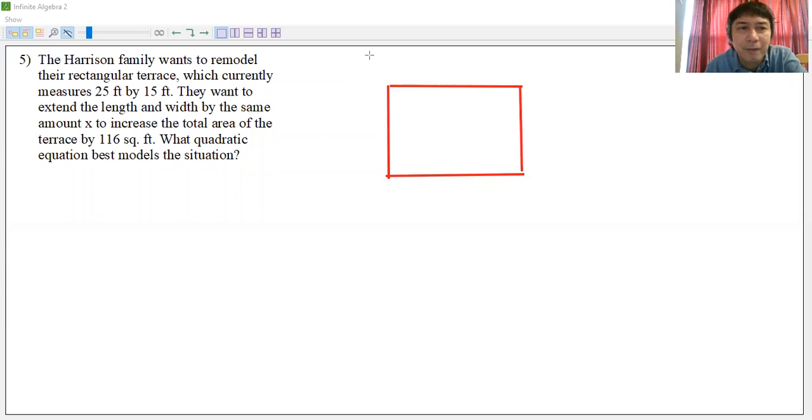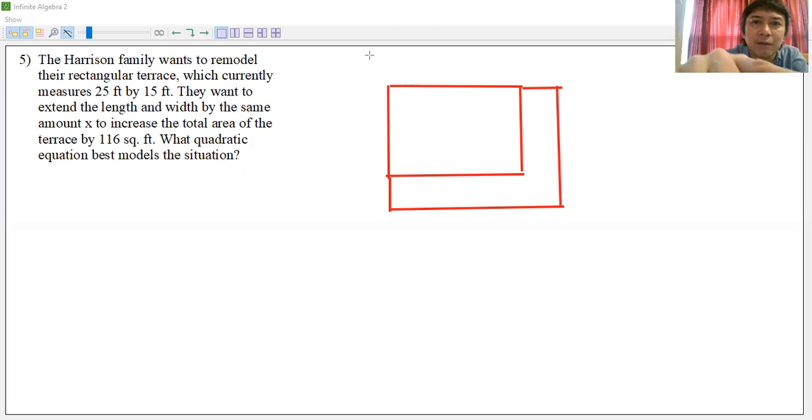And then we're going to increase this with the same size, the same size like that. And then this will now be like this.